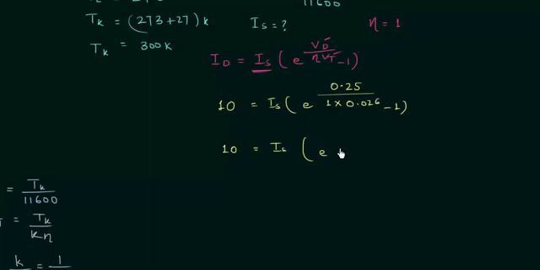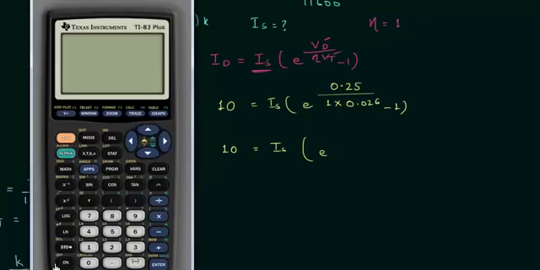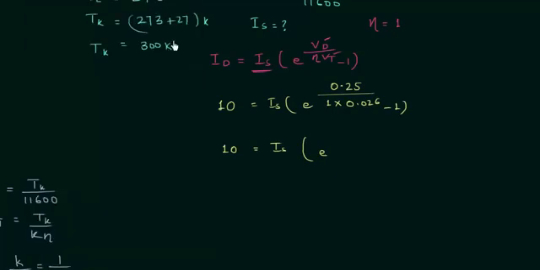I will use a scientific calculator for this purpose. 0.25 divided by 0.026 is equal to 9.615. So we have 9.615 minus 1. In the next step we will calculate e raised to power 9.615.